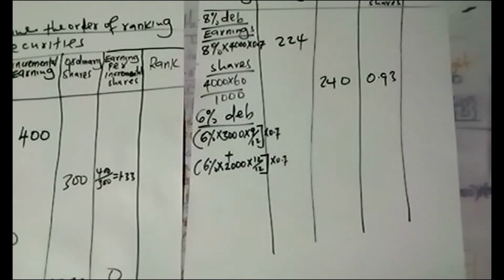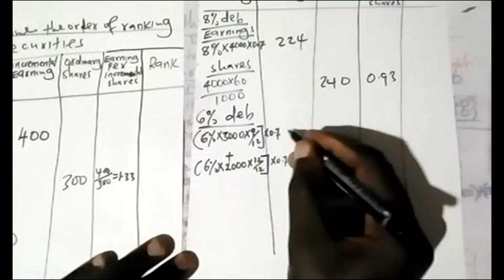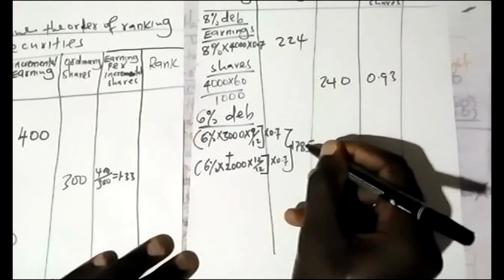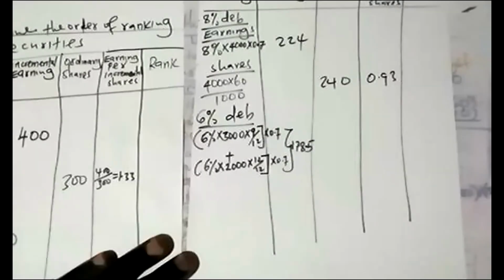The first one is 94.5. I need the total. In my calculator, the total of the two is 178.5. Yes, 178.5.